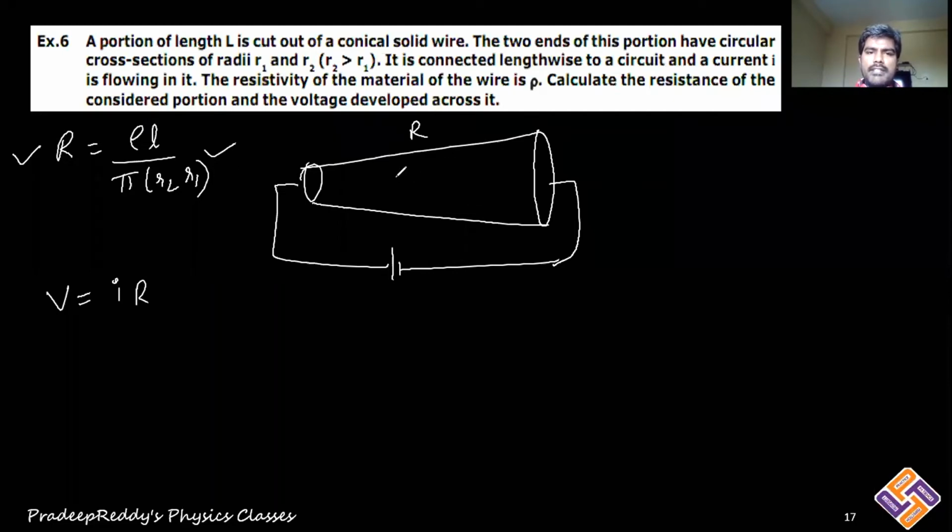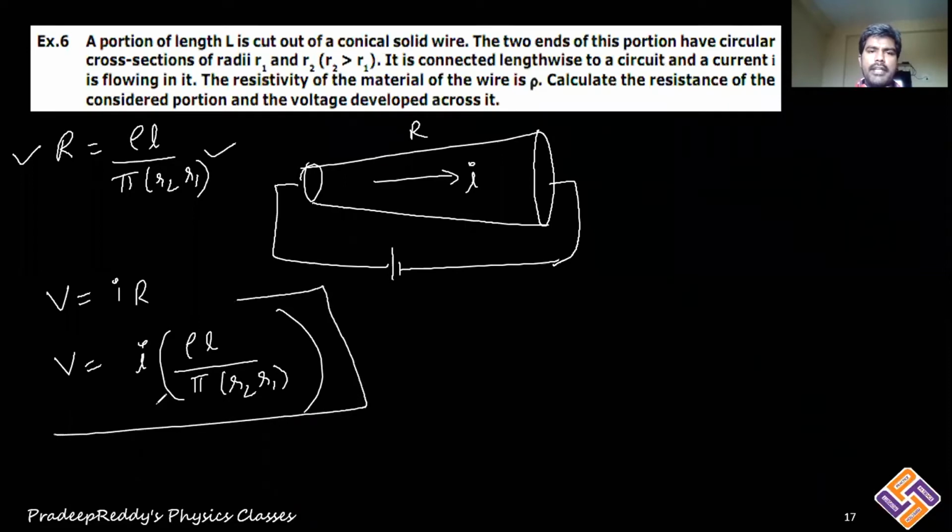And it is already mentioned that current is passing through this conductor, and that current is given as I. So simply voltage V is equal to I into R, where R is rho L divided by pi R2 R1. This gives you the voltage across this conductor: I into rho L divided by pi into R2 R1.